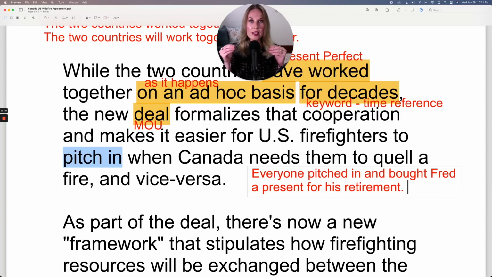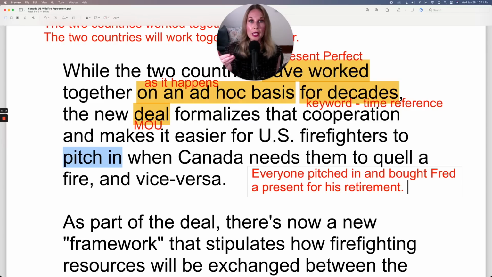So this suggests that everyone on the team gave money, maybe $5, $10, $20, and then all that money went towards one present. So that is financially.